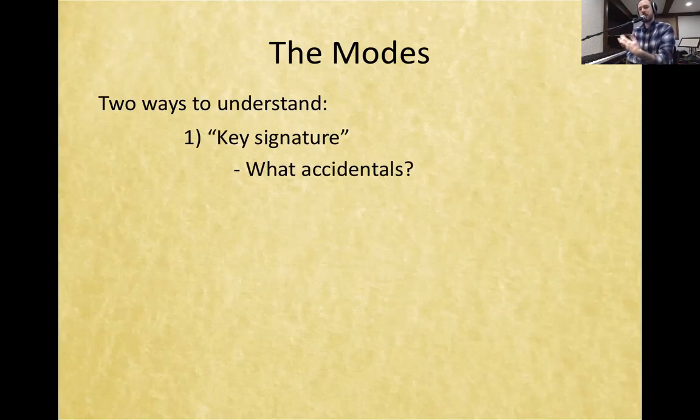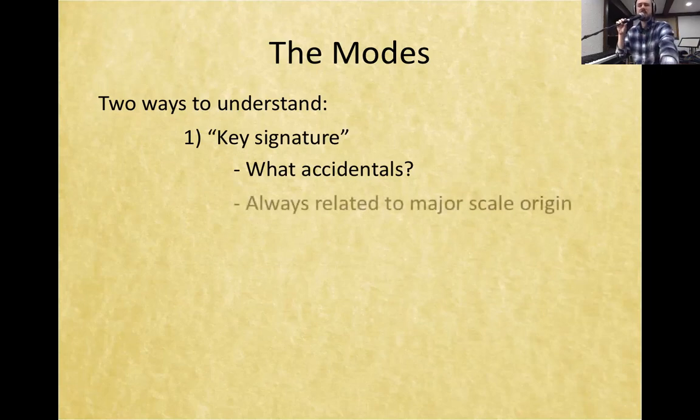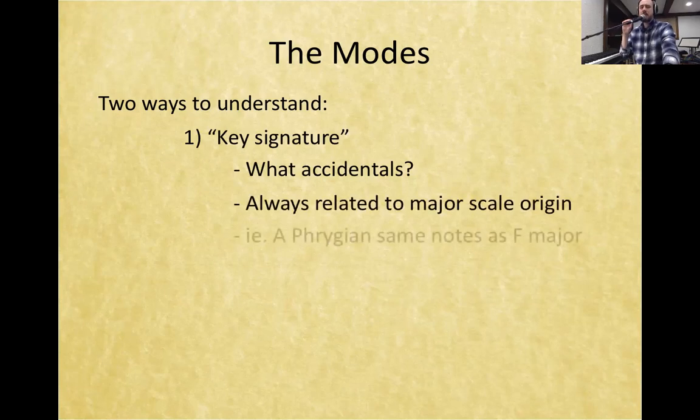You might hear people say something like, "Oh, it's A minor with B flat," or it's F major starting on the third scale degree. And so we're thinking about a key signature that we're familiar with, and it's always coming back to that.